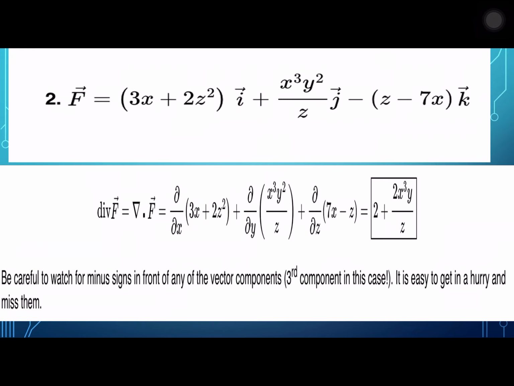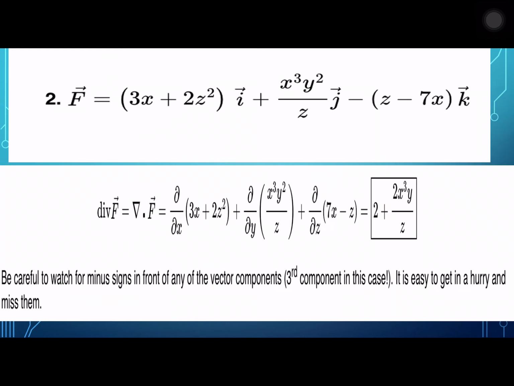Okay, this is the second example. In the second example also, it is very easy, we can easily make it out. So f bar equal to 3x plus 2z square into y bar, plus x cube y square by z into z bar, minus of z minus 7x into k bar.